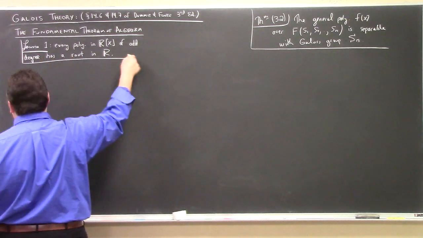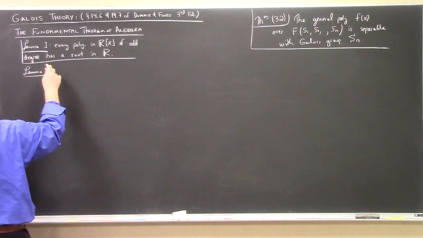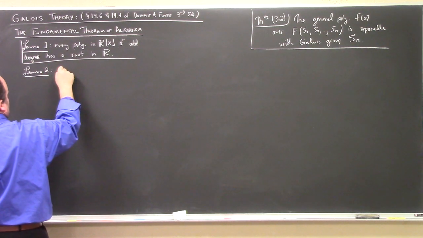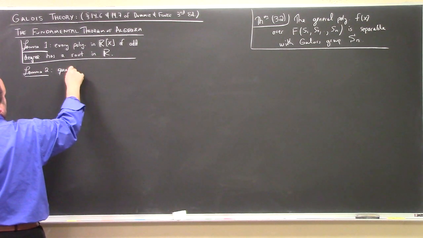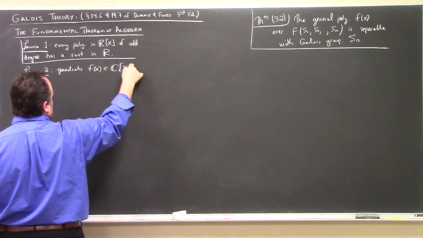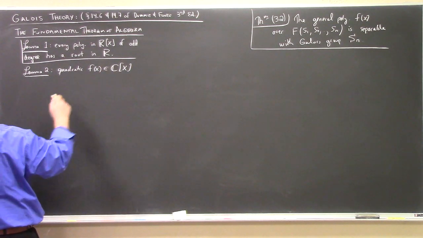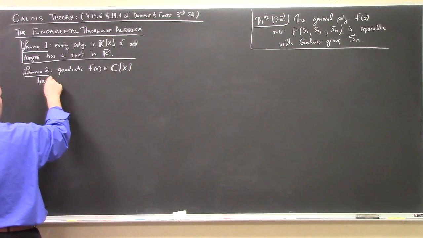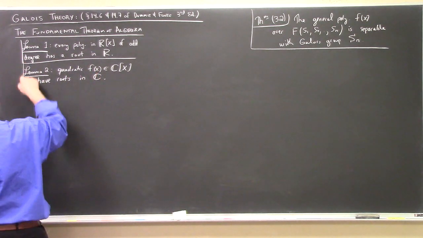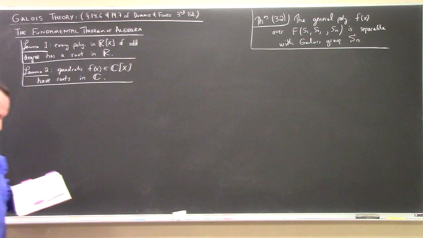Lemma 2: quadratic polynomials f of x with coefficients in the complexes have roots in C. Another way of saying that is there are no quadratic extensions of C.